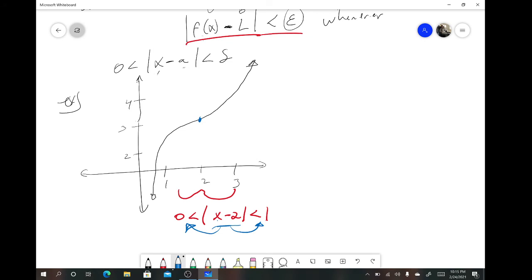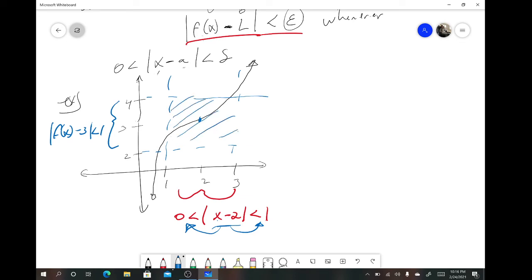And when that happens, you make the function values also be less than, let's say, the number 1. So what's happening here is that you're trapping your function, and you're looking at this rectangle that I have here.